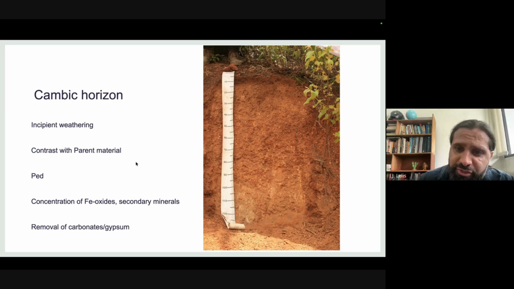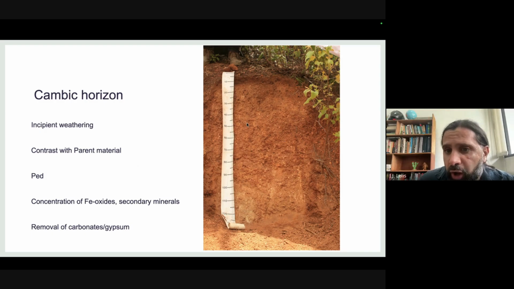So if you register a soil that comes from the weathering of carbonates, a section without carbonates, or at least with a very low content of carbonates, it's enough to call this section a cambic horizon because you have the removal of primary minerals, okay? In this photo, for example, you can see a cambic horizon with a lot of whitish dots. These whitish dots are feldspar grains.